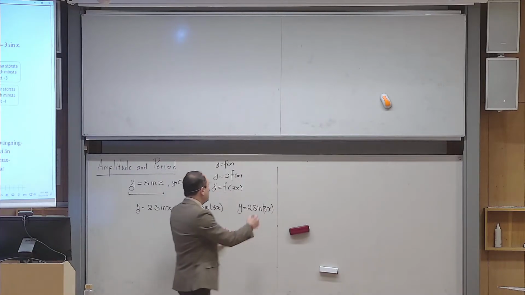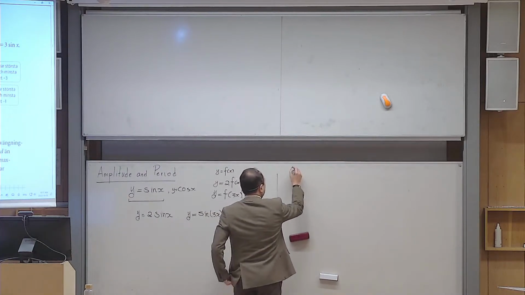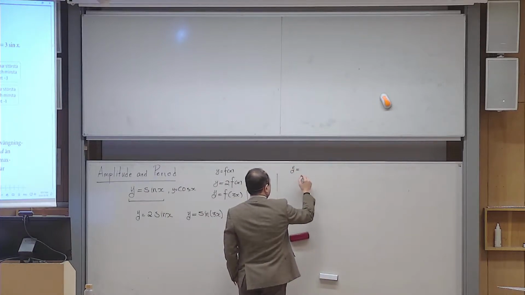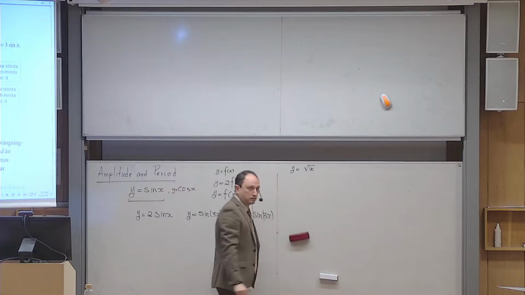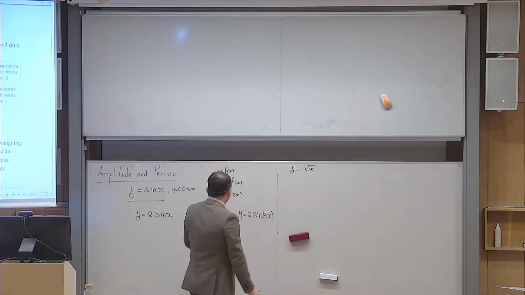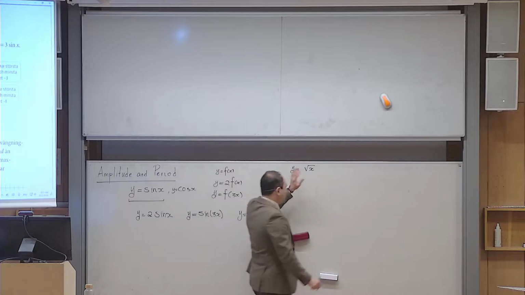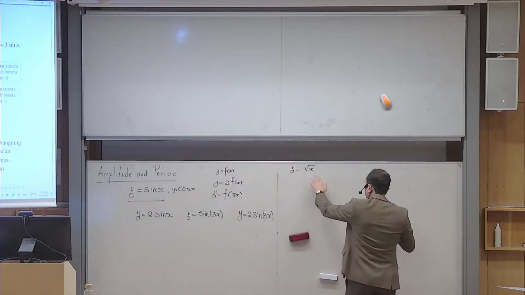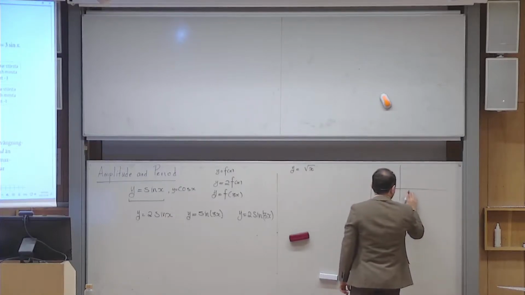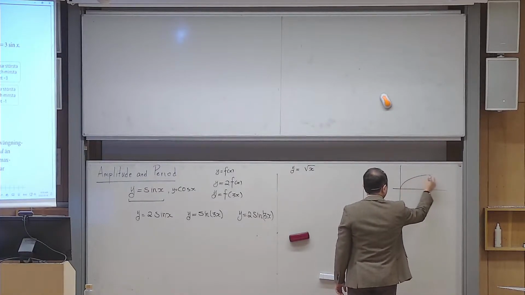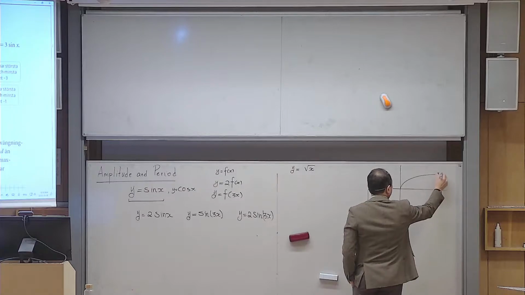For example, if I give you a function, y equals, for example, the square root of x, okay? Probably you don't know the graph of this function, but it would be something like this. The graph of this function has this behavior, okay? y equals the square root of x.